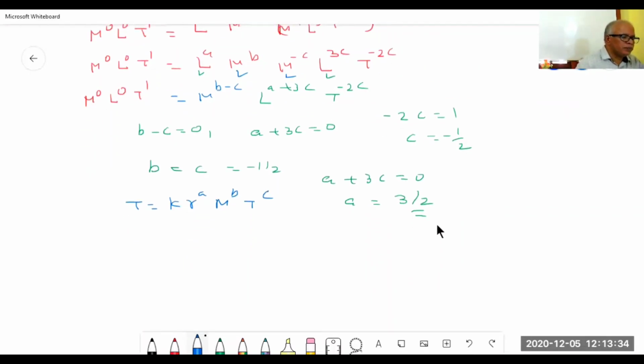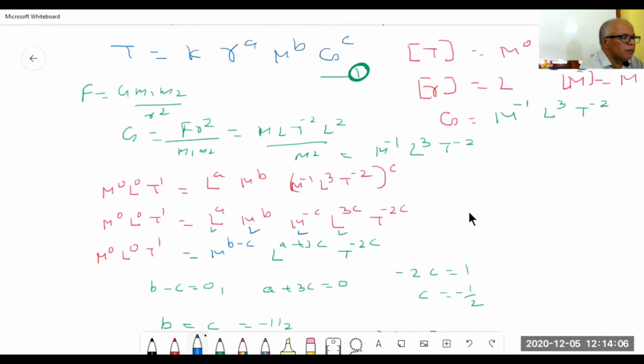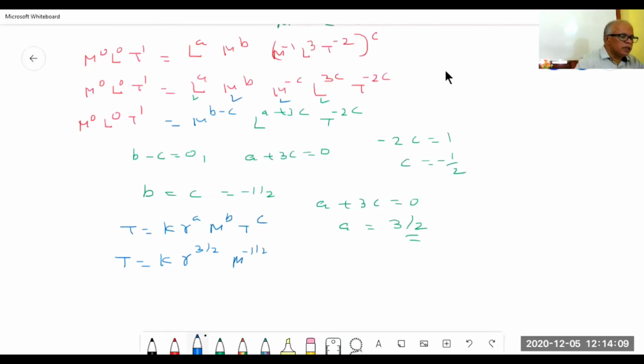T is equal to k into r raised to 3 by 2, m raised to minus 1 by 2, G raised to minus 1 by 2.